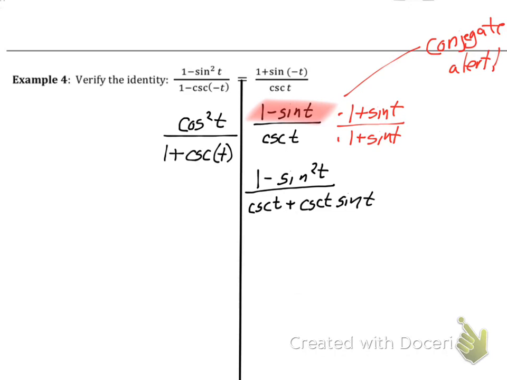Well, if I was here, I would think, maybe I went too far with this one, because what did I originally have on top there? I originally had that 1 minus sine squared t, right?